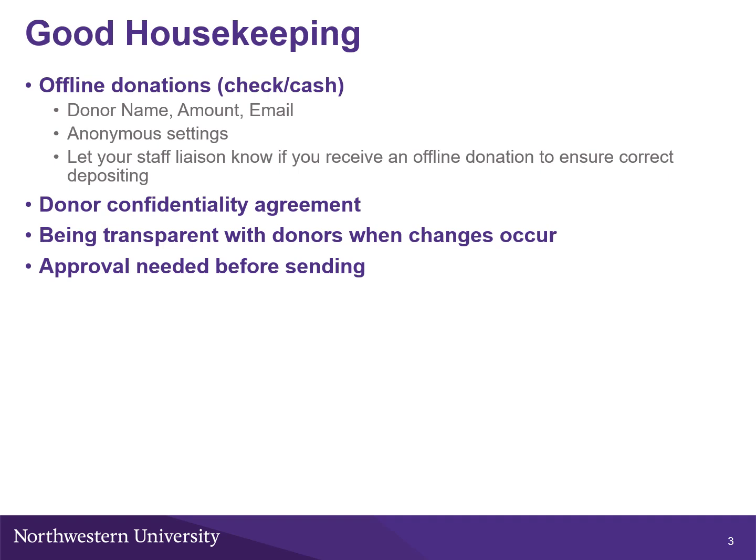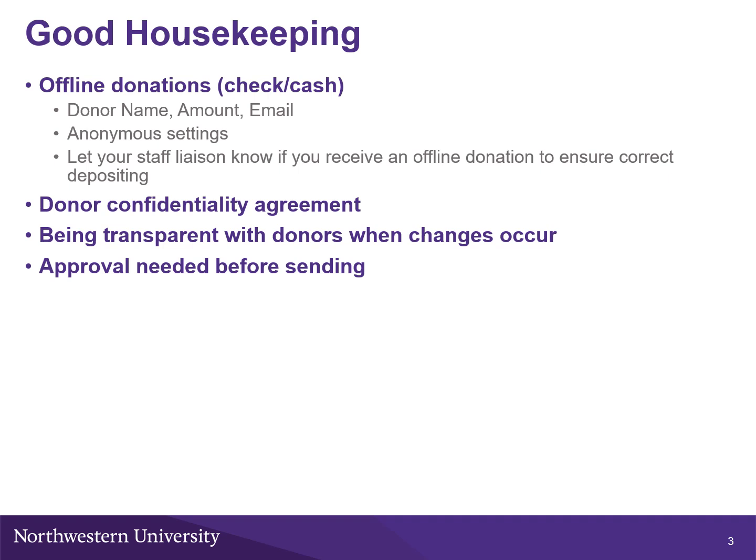But overall, we need the donor's name, the amount they're donating, and their email. When people make donations on the project page, they're able to say if they want their name or their amount to be anonymous. We can do the same for offline donations, so make sure to collect that from the donor. And just let your staff liaison know if you're receiving an offline donation, so we can make sure that everything gets deposited correctly on the back end.